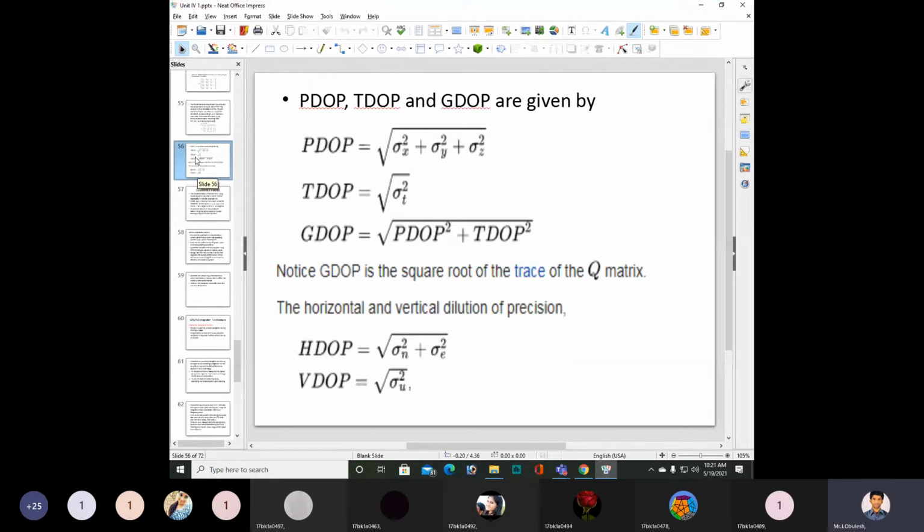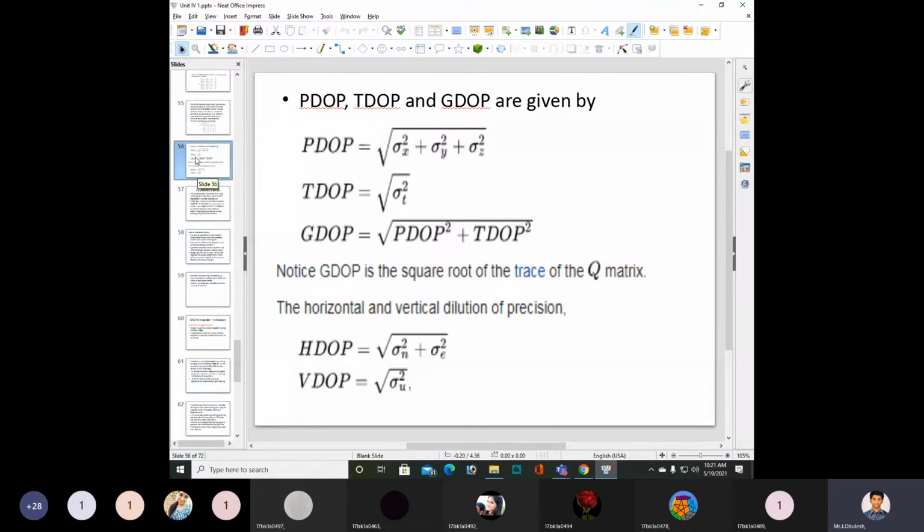Then you need to see that here this is the position dilution of precision, this is the time dilution of precision, and this is the geometric dilution of precision.